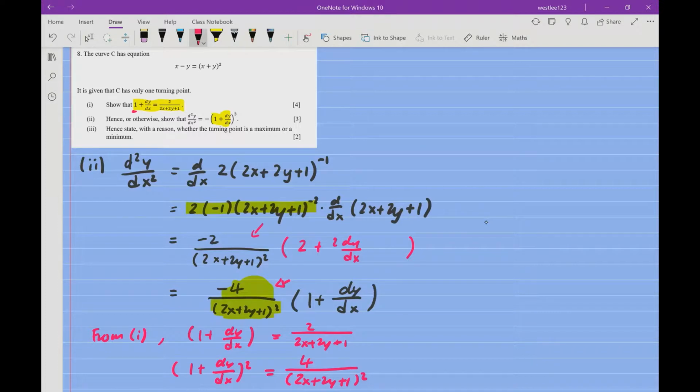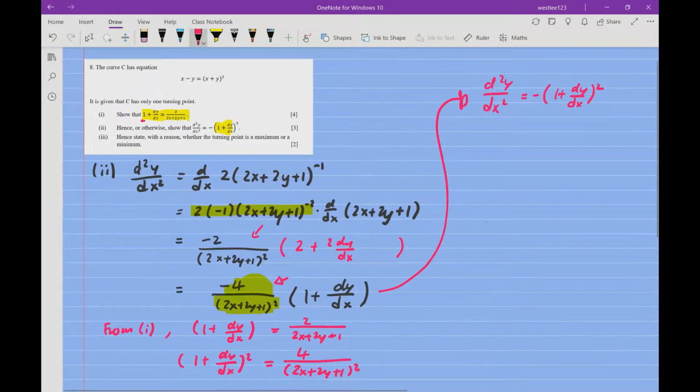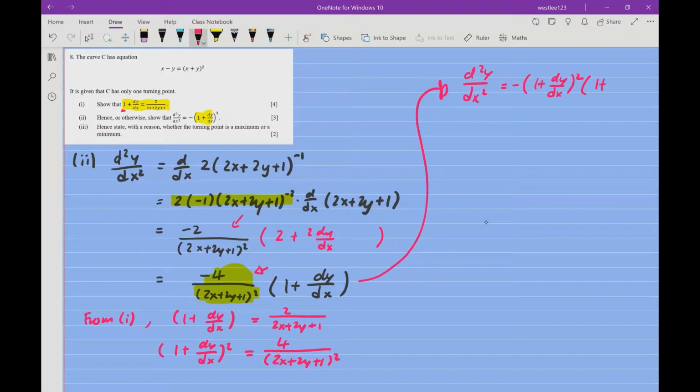So simplifying, d2y/dx squared is actually negative (1 plus dy/dx) squared times (1 plus dy/dx). So if I put everything together, I will get (1 plus dy/dx) cubed, which is what we are supposed to show.